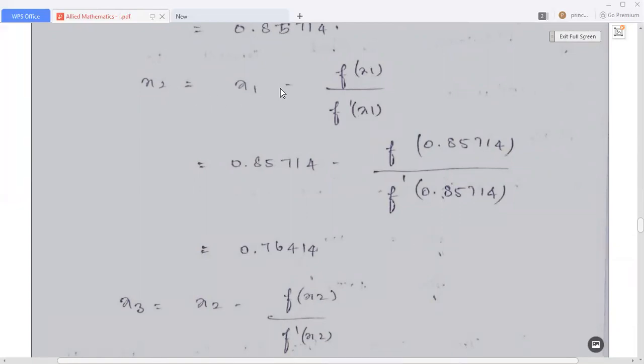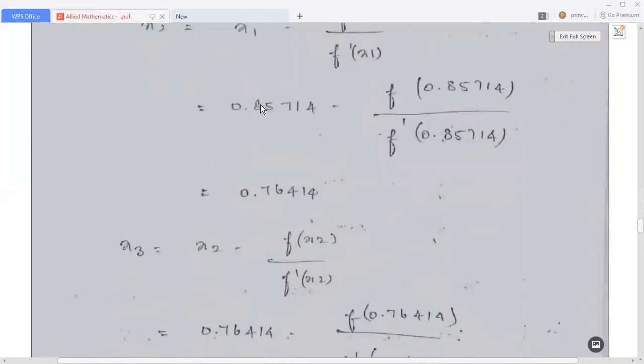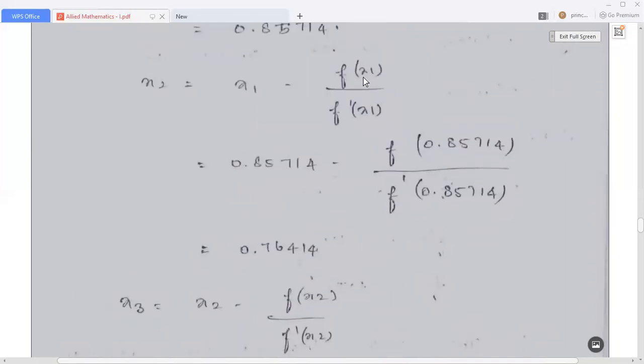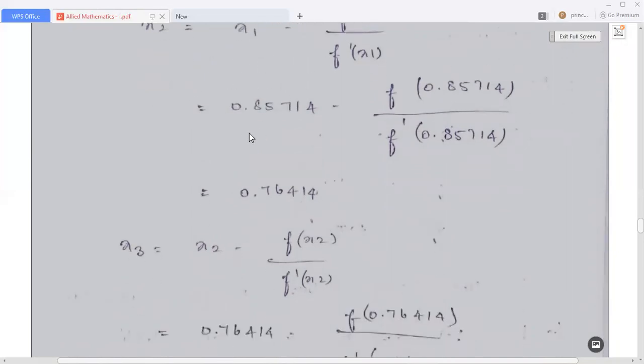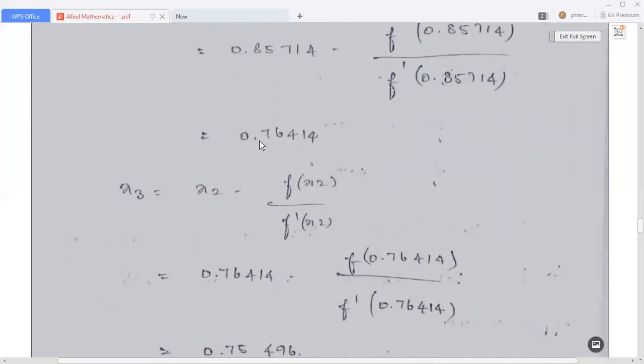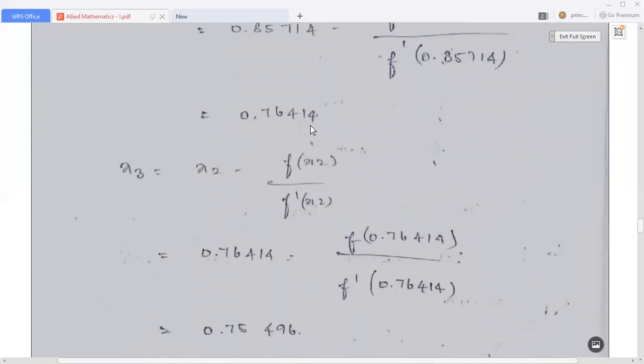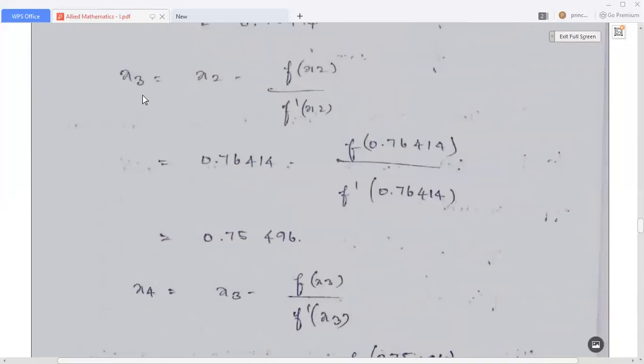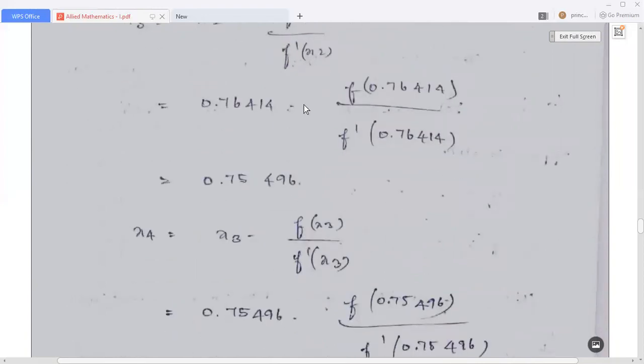Similarly, we calculate the second approximation x2. x2 equal to x1 minus f of x1 by f dash of x1. When you substitute the value for x1 in f of x and f dash of x, then we find this value x2. So x2 is equal to 0.76414. Similarly, we calculate x3, that is third approximation. x3 equal to x2 minus f of x2 by f dash of x2.